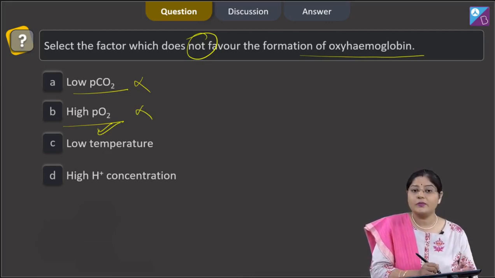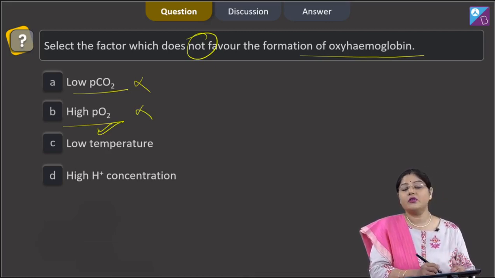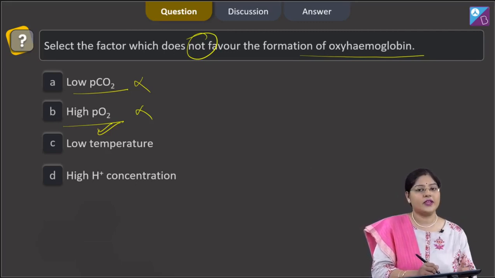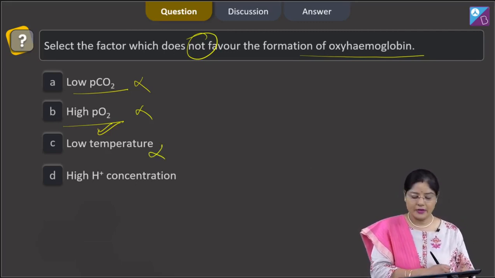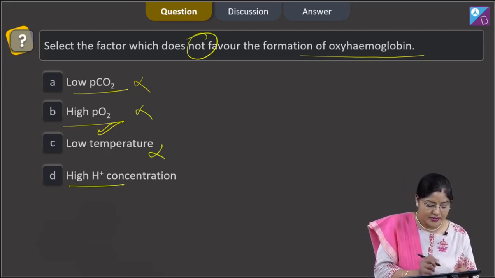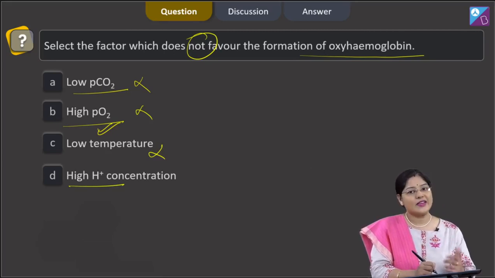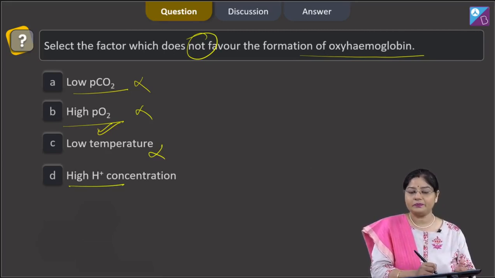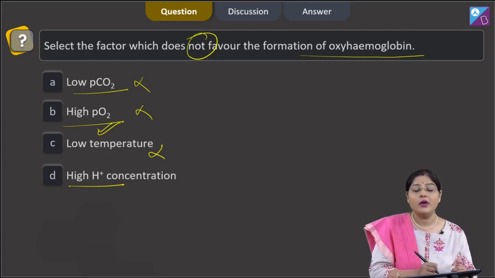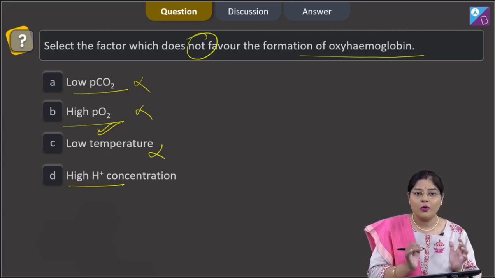So, this cannot be a correct answer. Third option low temperature. Low temperature also favors formation of oxyhemoglobin. So, this cannot be a correct answer. Fourth option high H plus ion concentration, or we can say low pH. This factor favors dissociation of oxyhemoglobin. High H plus concentration and high PCO2 at tissue level favors dissociation of oxyhemoglobin, and this effect is known as Bohr's effect.